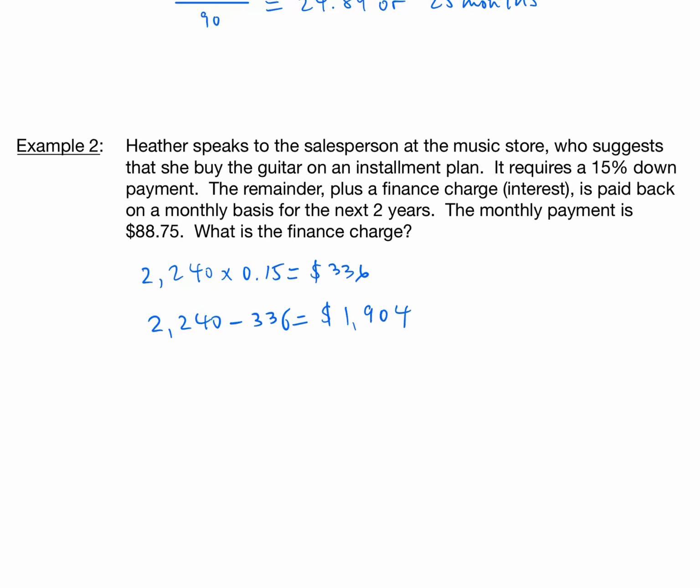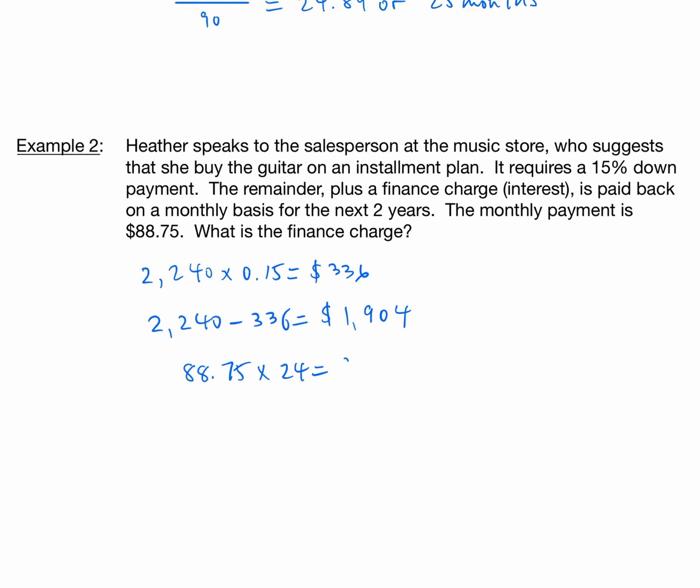And then the next thing is we're told that she pays $88.75 for the next 2 years. So let's figure out how much she's going to end up paying on top of the down payment of $336. So we're going to take $88.75 and we're going to multiply that by 2 years, which is the equivalent of 24 months.